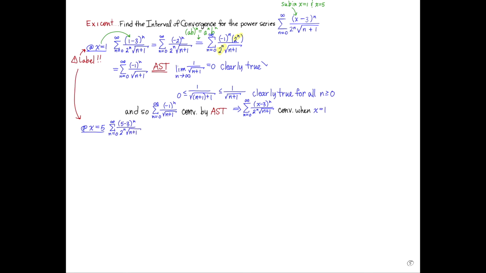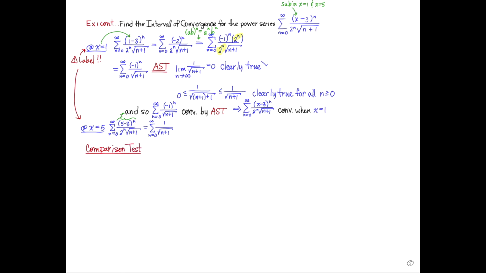In the numerator, the 5 minus 3 to the n is equal to 2 to the n, which cancels out with the 2 to the n in the denominator, giving us the sum from n equals 0 to infinity of 1 over the square root of n plus 1. This isn't geometric, it's not a p-series. We need to use the comparison test.